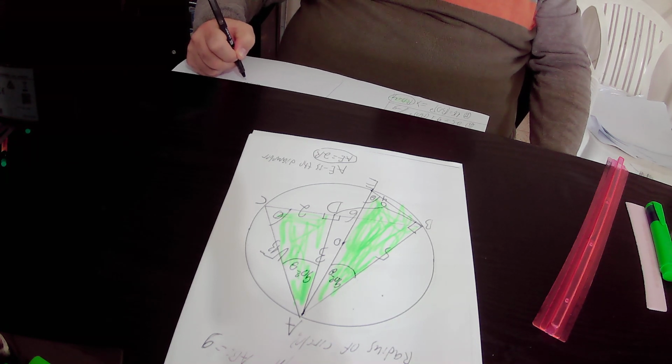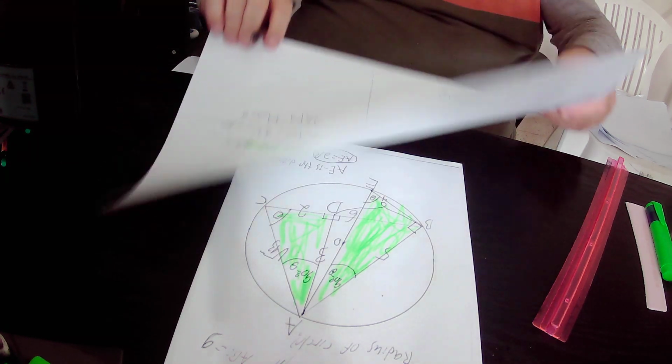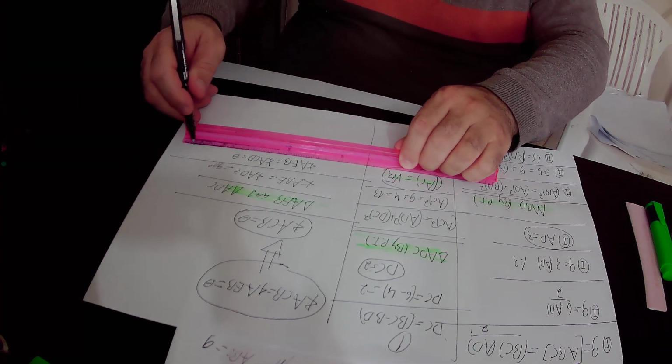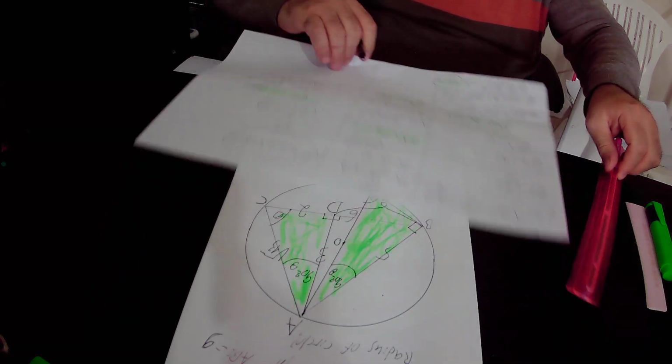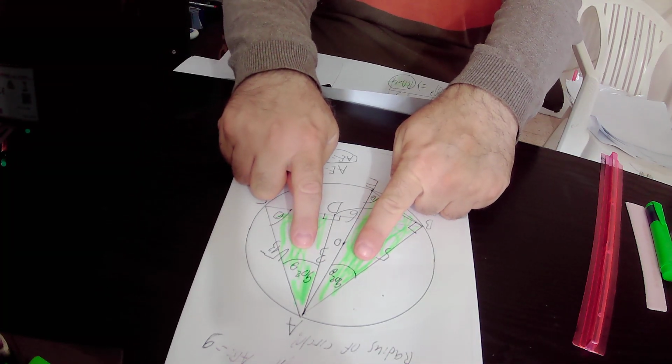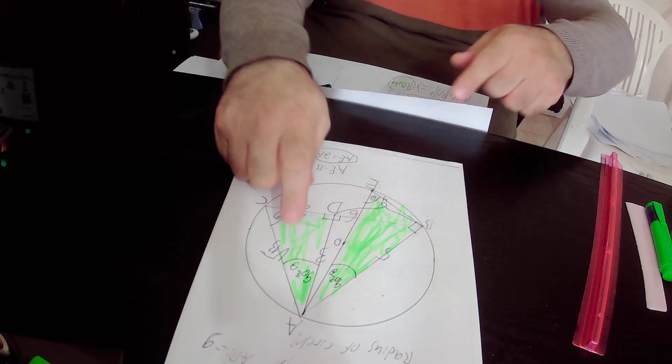Therefore, they are equal to each other. And finally, those two angles are both equal to 90 degrees minus theta, therefore they are equal to each other.